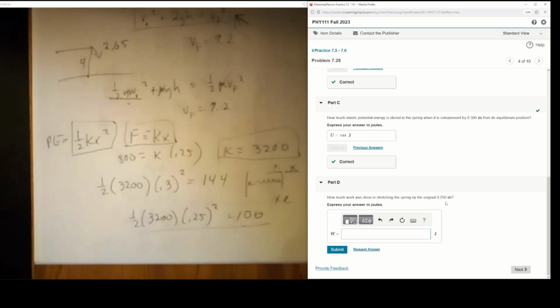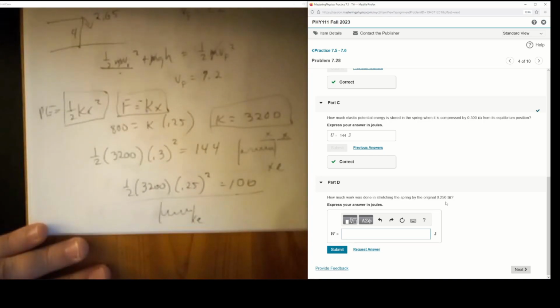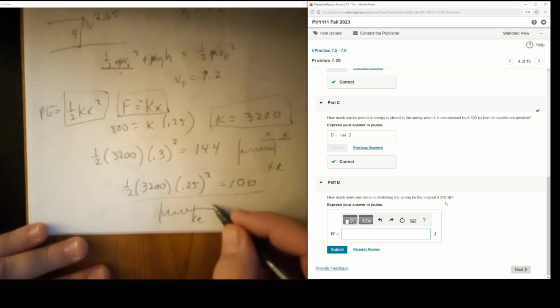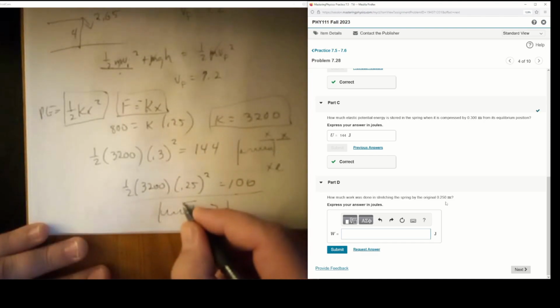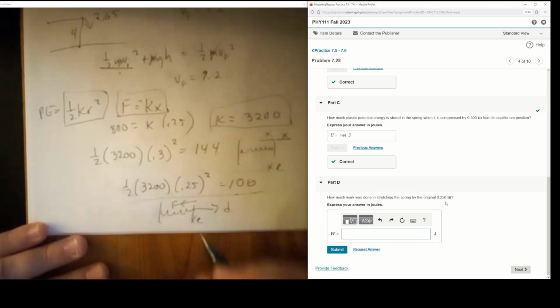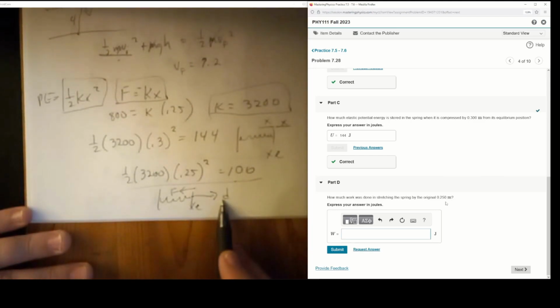The work will mean if there's a plus or minus sign here. So we are stretching the spring. Imagine our spring. Here's our equilibrium position. We're going to stretch it, which means our distance is going to the right. But the force on a spring is pulling to the left. So we're pulling it to the right, and the force is working against us.